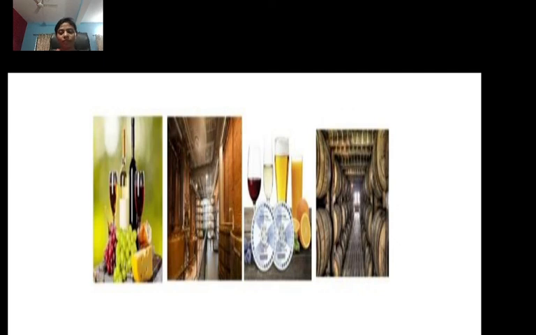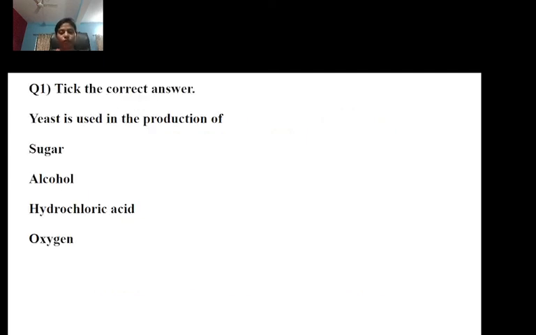Now take the correct answer. Yeast is used in the production of sugar, alcohol, hydrochloric acid, oxygen. Sugar also, alcohol also, hydrochloric acid, oxygen also.